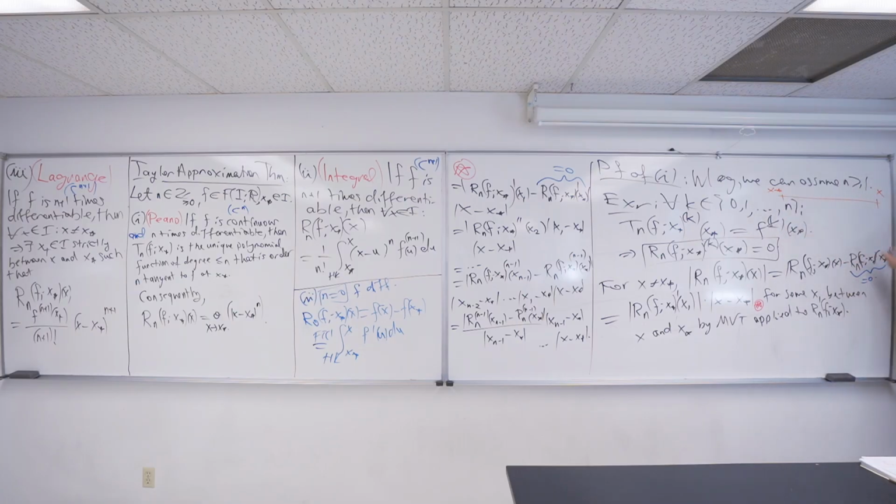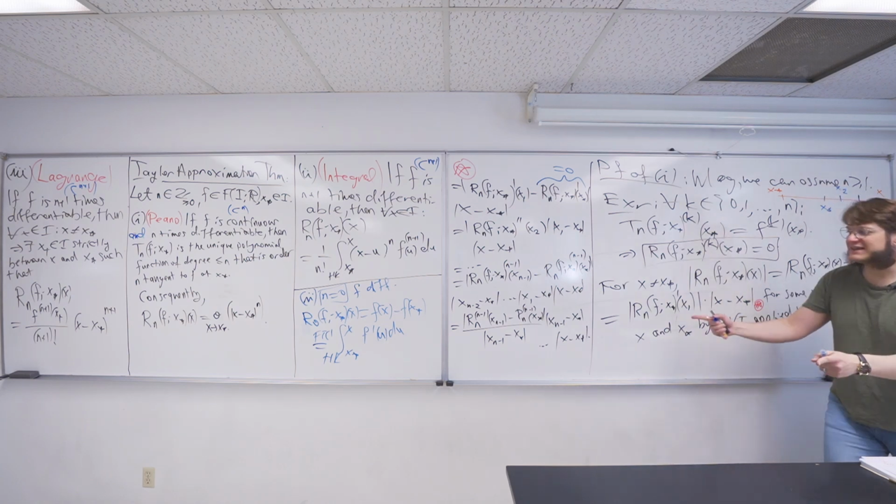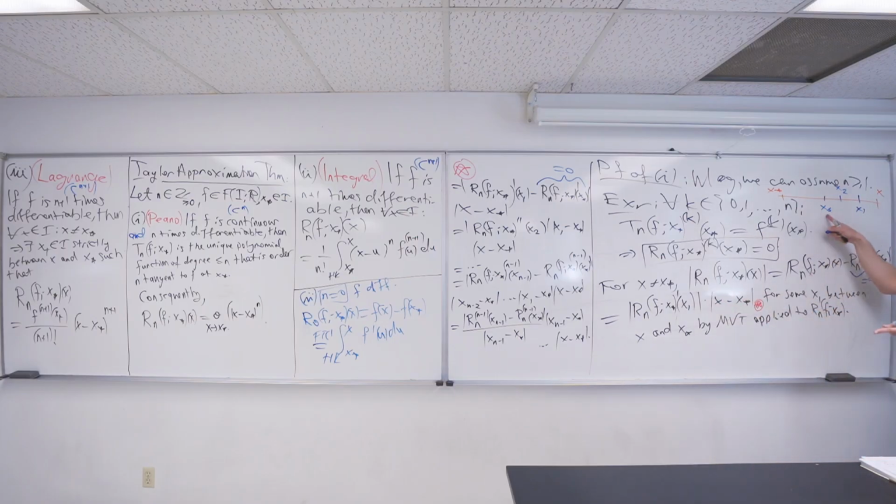Okay. x1, x2. The mean value theorem at each point is going to give you some point in between the endpoints that you're using it at. Okay. Now here's a point.